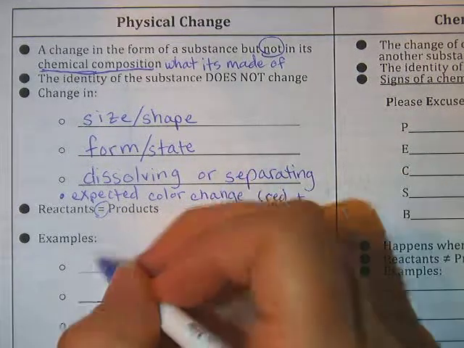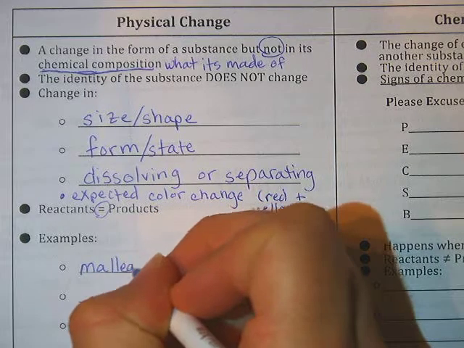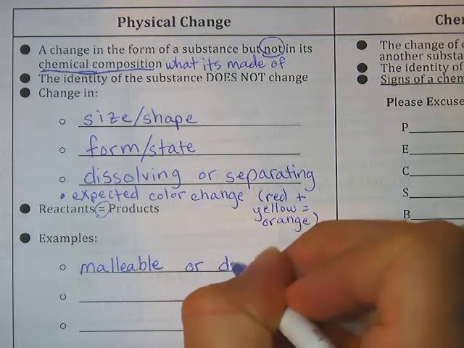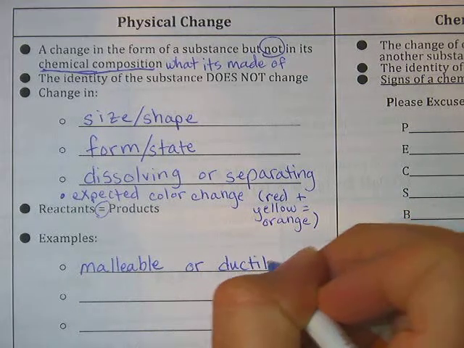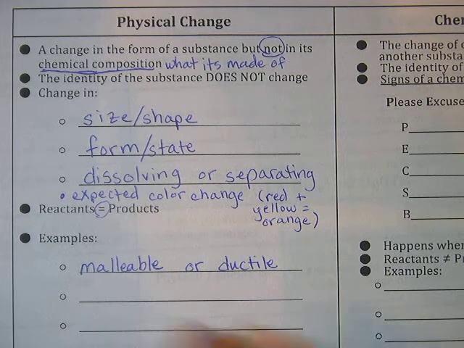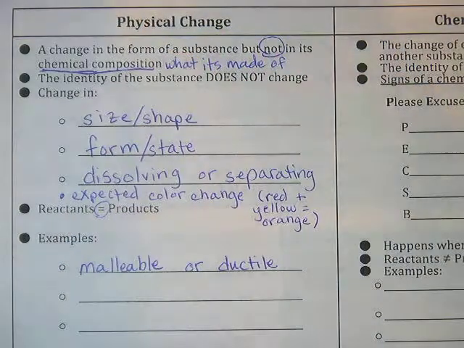For changing size and shape, you could have something be malleable or ductile. Malleable means, usually this refers to a metal, but it could also be clay or stuff like that, things that you can reshape any way you want.